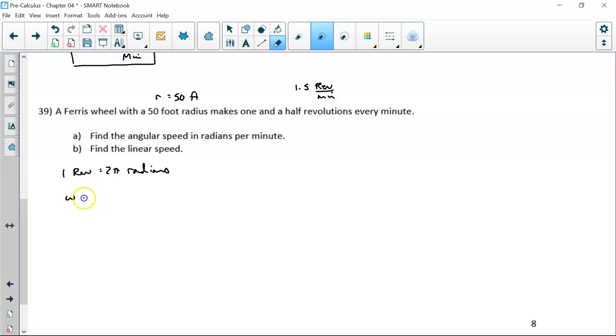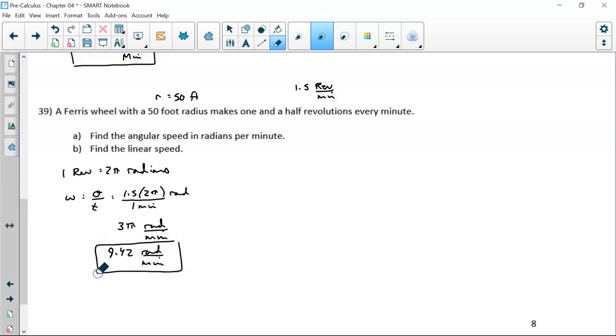So when we're looking at our omega, it's theta divided by t. Now theta is going to be 1.5 times 2 pi to find out how many radians we're going. So it's going to be 1.5 times 2 pi divided by 1 minute. So it's going to be 3 pi radians per minute, which is about 9.42 radians per minute. That's the angular speed, omega.